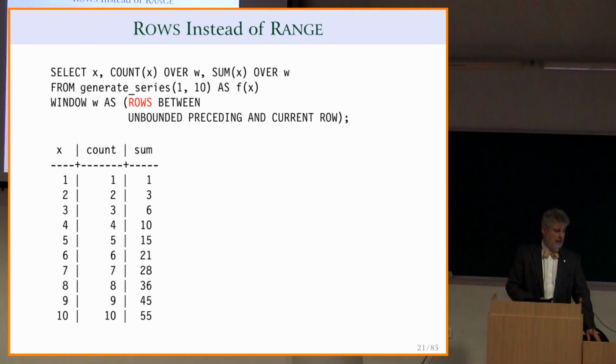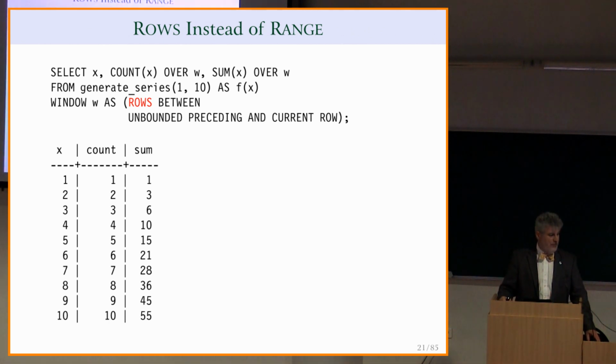Let's look at this sum here. So when we're saying rows mode, unbounded preceding to current row, because we're in rows mode, current row is literally the current row. And we're doing a sum. So 1 plus 1 is 1. 1 plus 2 is 3. So that's the first row plus the second row.